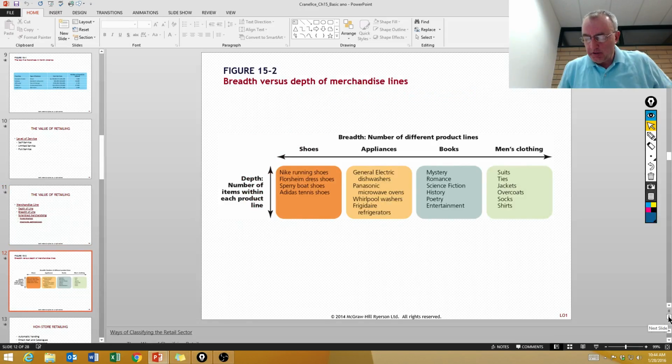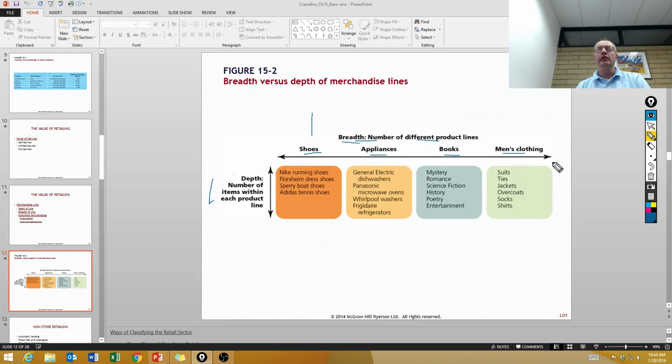Okay, so we spoke earlier of this distinction between breadth of product line and depth of product line. So the breadth of product line is the number of different product lines. So we go to a department store, so we go to Walmart, they have shoes, they have appliances, they have books, they have men's clothing. And then for each different type of product, they have many different models and variations on that product type.